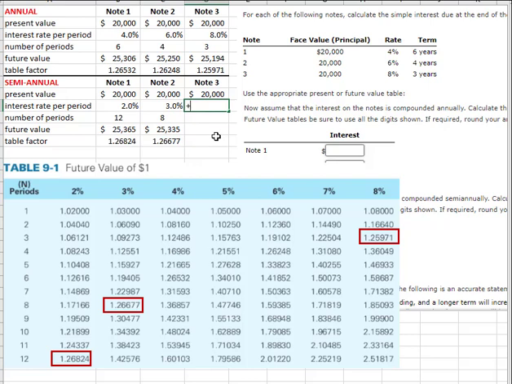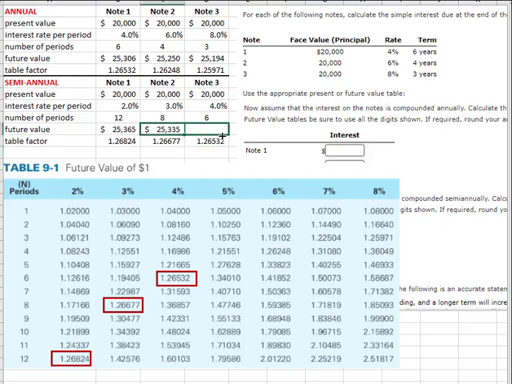Note 3, if we're going to do semi-annual, it means each period is going to have half the rate, but there would be twice as many periods, so the 3 times 2. All right, so let's move the red box now. That's going to be now 4% and 6 periods, so that's going to drop it right there. 1.26532.